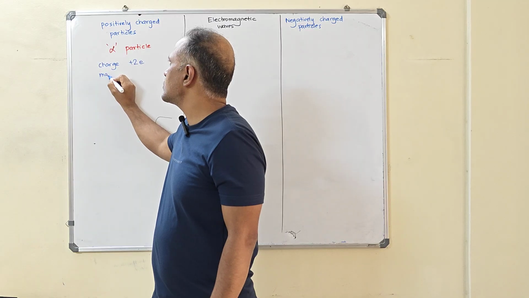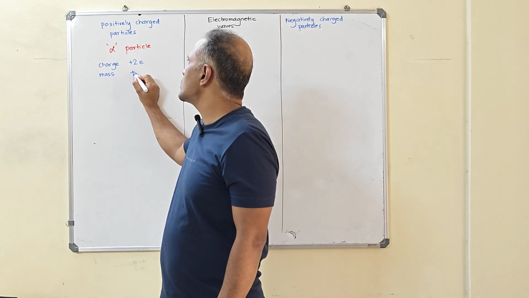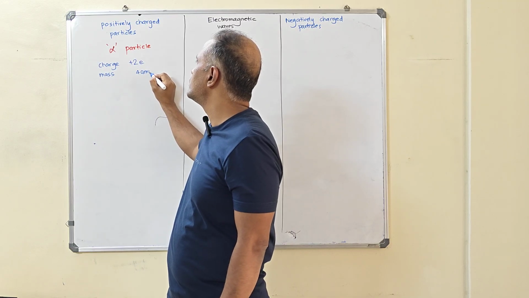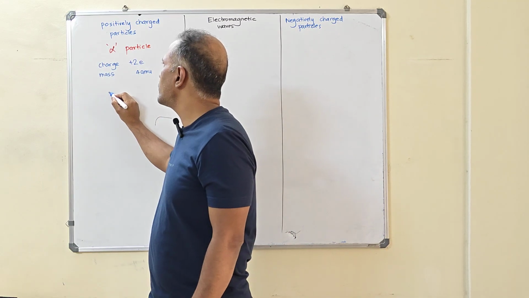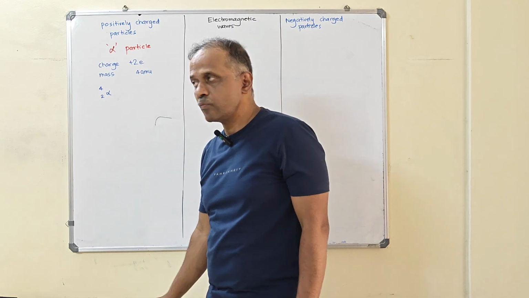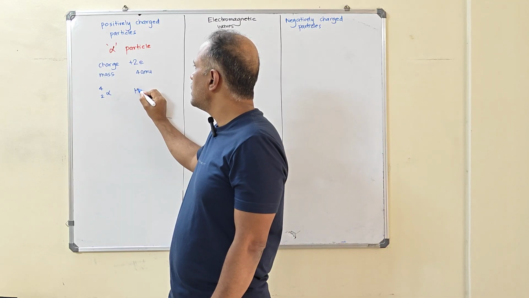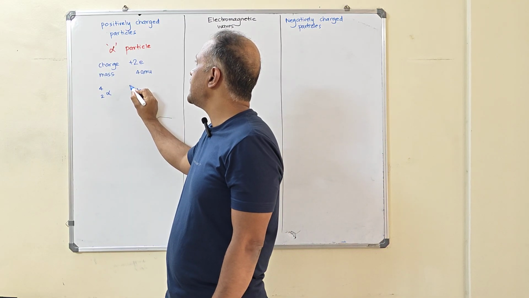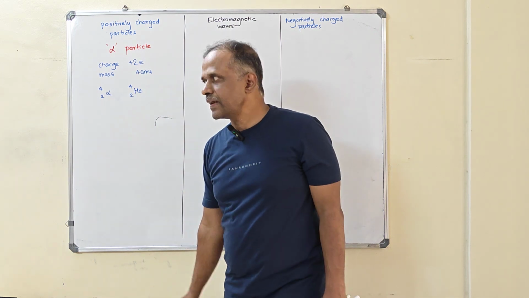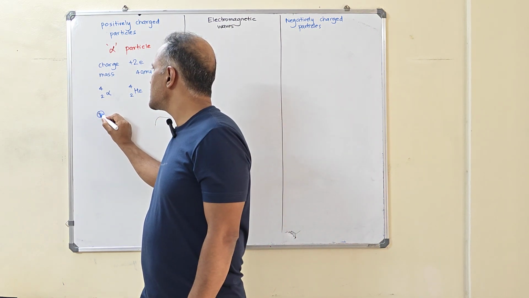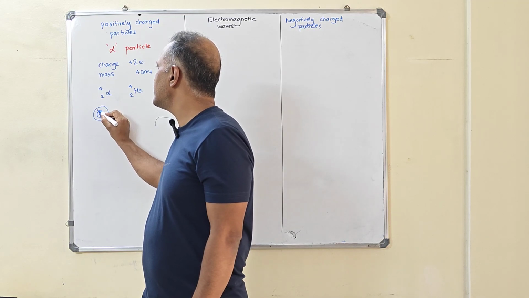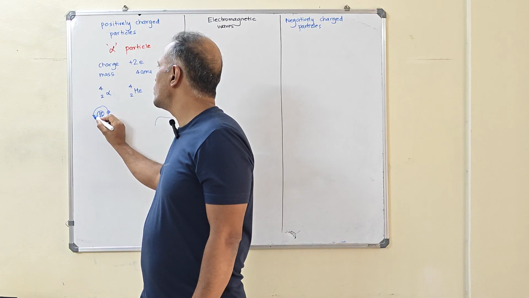What is the mass of this alpha particle? It is 4 AMU. Mass is always positive. So how can we represent an alpha particle? First the mass, then the charge. This is similar to a helium nucleus. A helium atom has 2 protons, 2 neutrons, and 2 electrons.